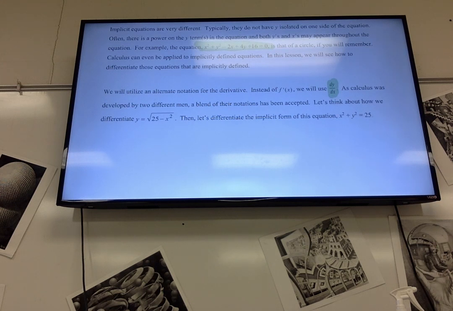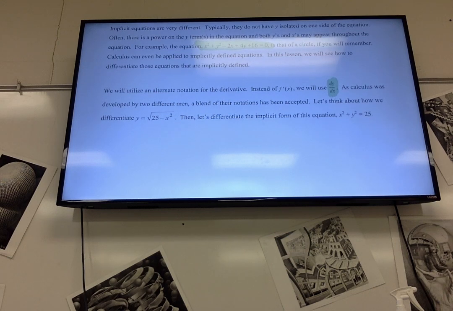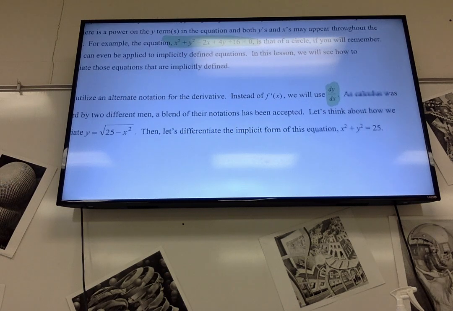One of them had one set of notation, and the other had another. Why can't we just write f prime? Because this notation is going to help us later on with these types of problems, with implicit.